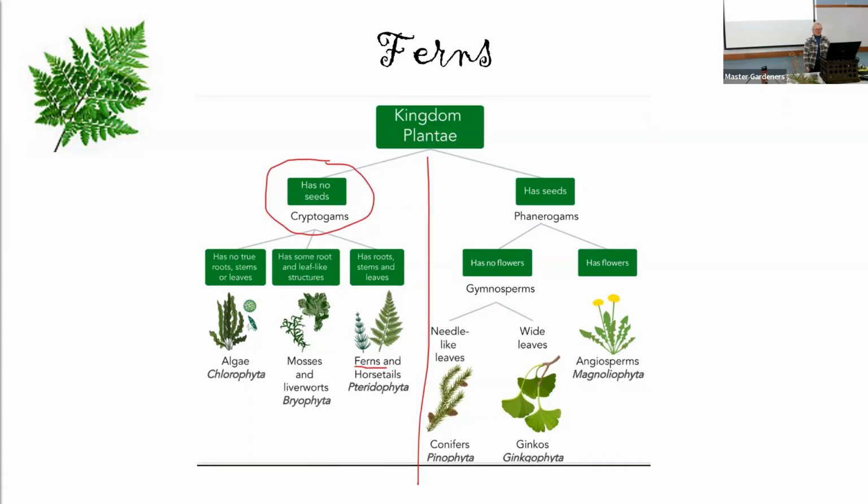So water is important. And another thing, ferns have been around for 360 million years. That's a long, long time.